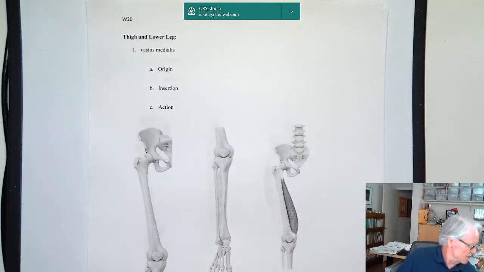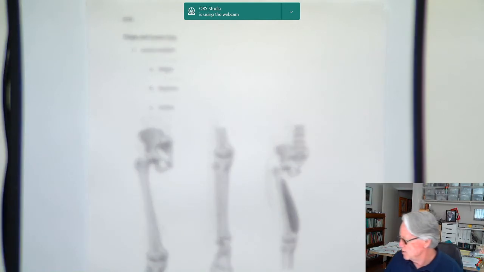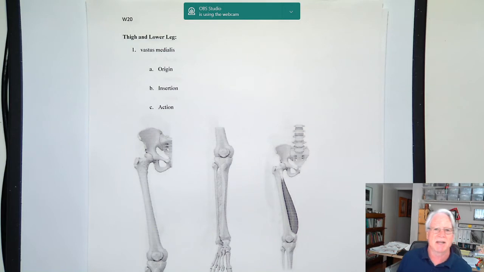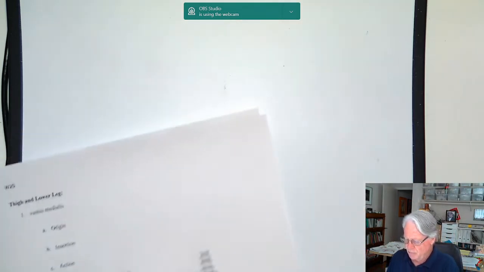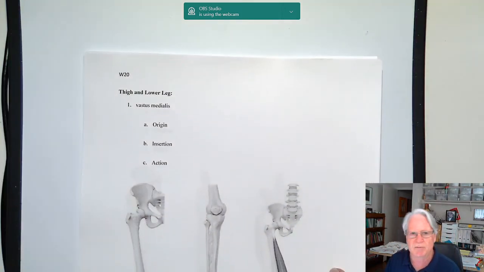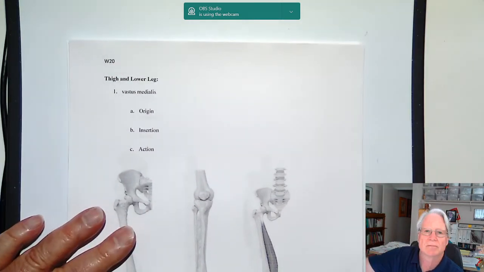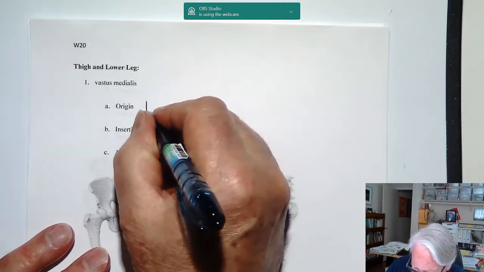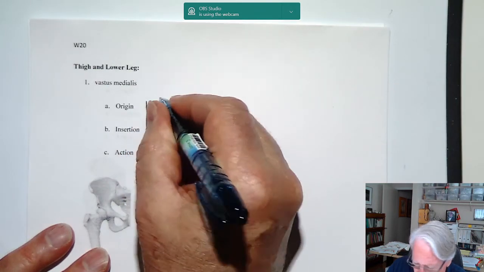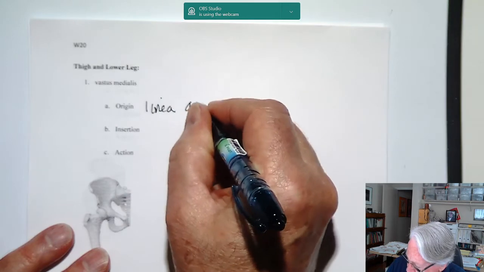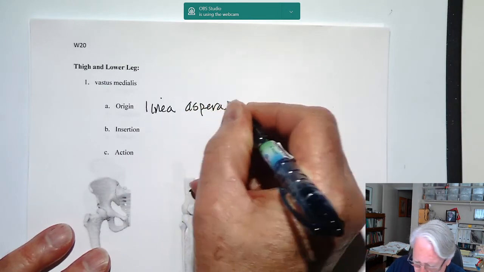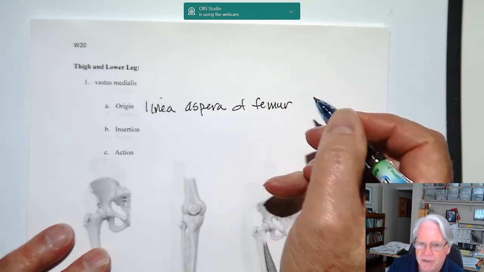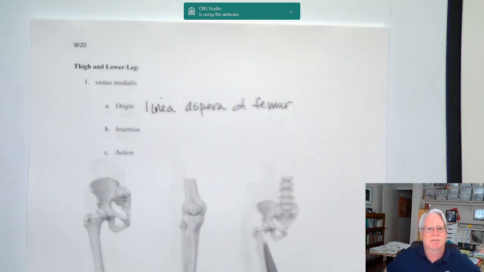Let's begin with the first muscle, vastus medialis, and write in all the information we need. Origin is the linea aspera of the femur, and we'll identify exactly what that means in just a bit.